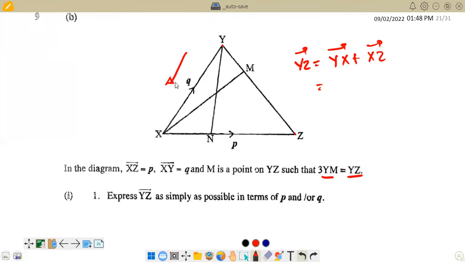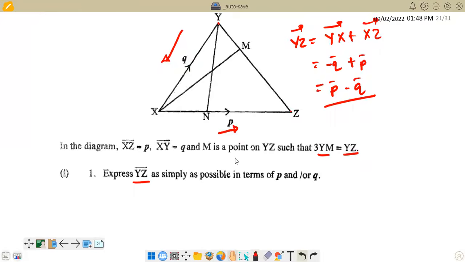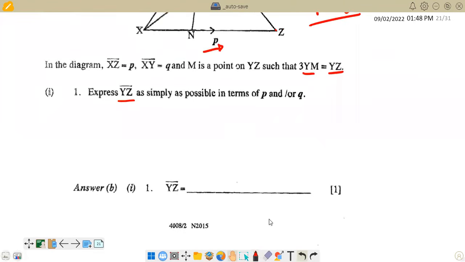We are supposed to go this way, and we are opposing, so it's going to be a negative q. And from x to z, we are maintaining the arrow or the direction, so it's going to be a positive p. You can even rearrange this as p minus q, just starting with a positive value is still fine. So that was our yz in this case, p minus q.